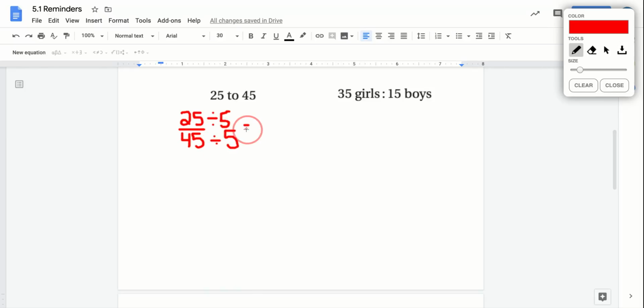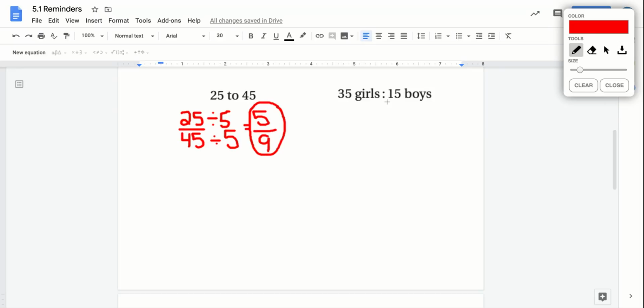Okay, and that will give me, so 25 divided by 5 is 5 over, and I know 45 divided by 5 is 9. 5 and 9 do not have any other common factors, so this is my simplified fraction, ratio as a fraction.